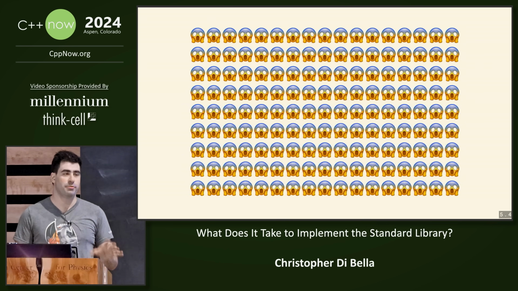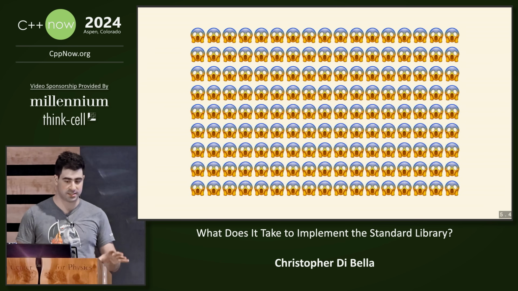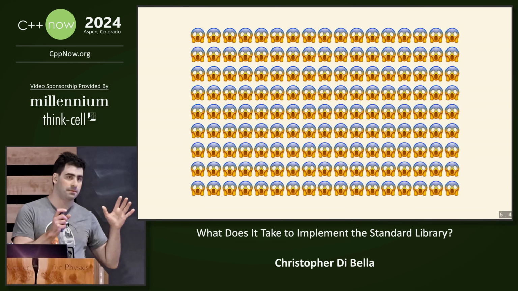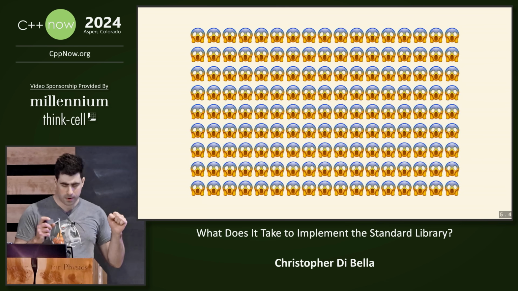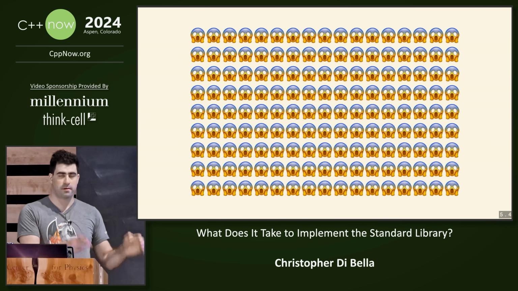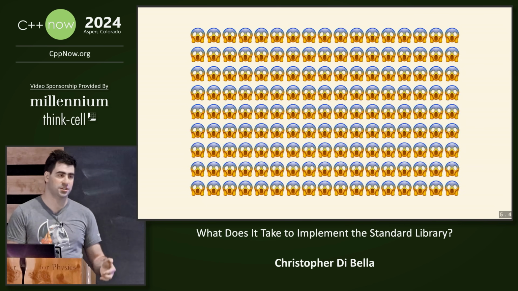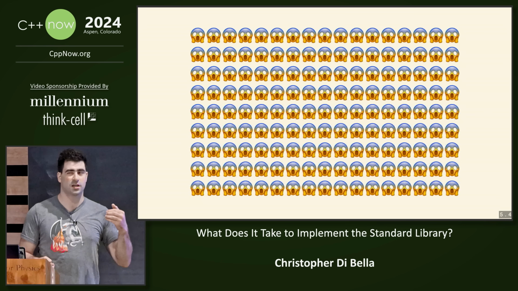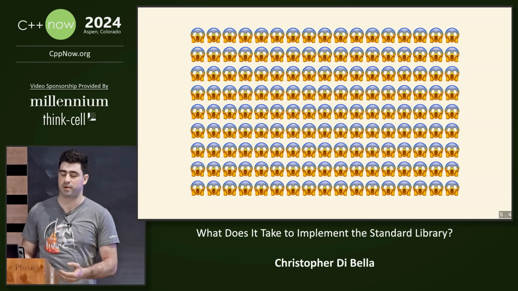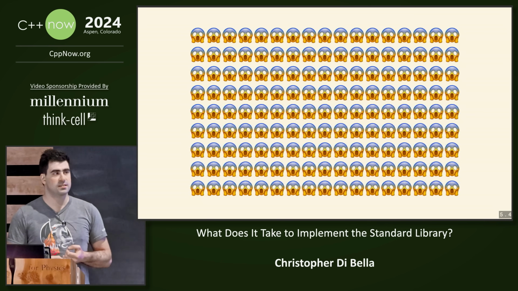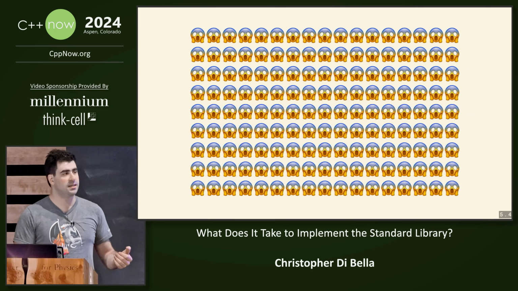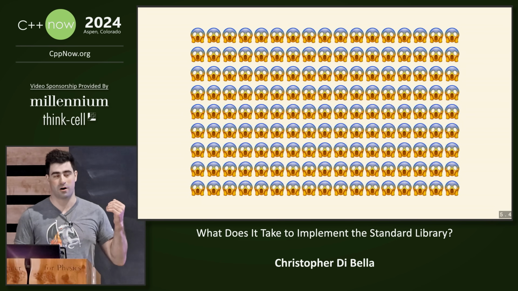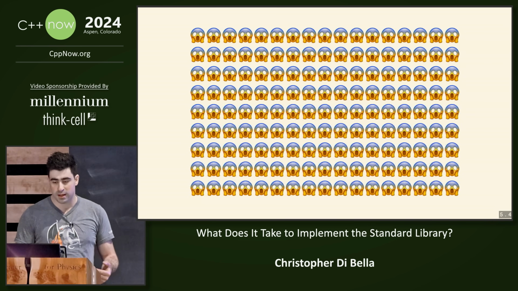It is an interpretation of the standard text. And when you interpret something from CPP reference, you are interpreting an interpretation. And that means that it's kind of like a photocopy of a photocopy. And that is not particularly good when you are providing the implementation of the standard library itself.